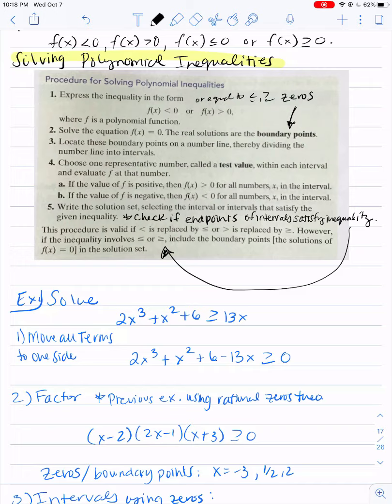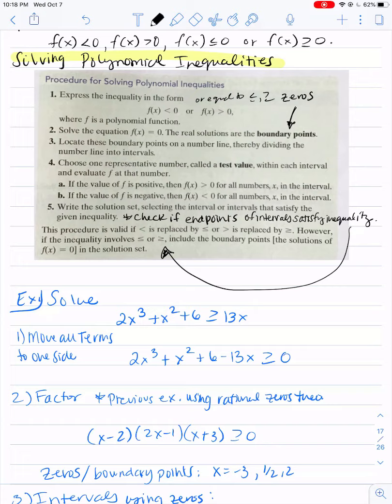We're going to solve for our zeros, basically, when we set our numerator equal to 0 and find our zeros. Then we locate the boundary points or the zeros on the number line, and this is going to help us divide the number line into intervals. Then we choose a representative number, called the test value, within each interval, and evaluate f at that number.